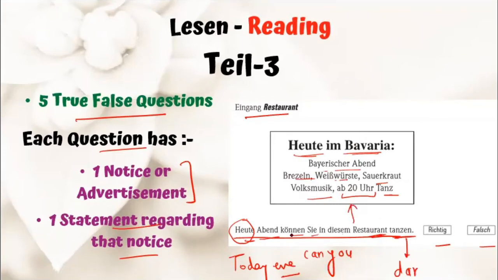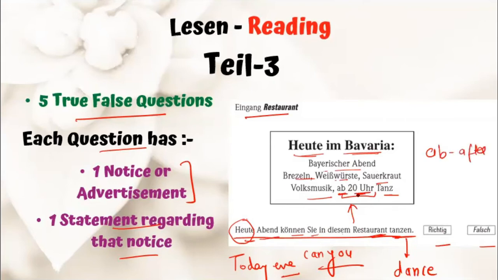So what does this statement mean? Heute Abend können Sie in diesem Restaurant tanzen. This means: this evening, you can dance in this restaurant. So is this statement correct or false? The advertisement says ab 20 Uhr, and ab is after.